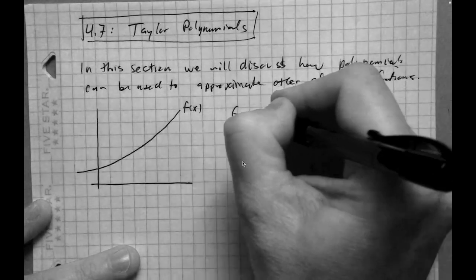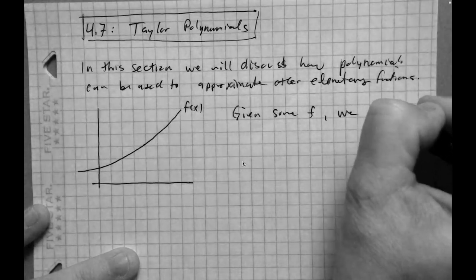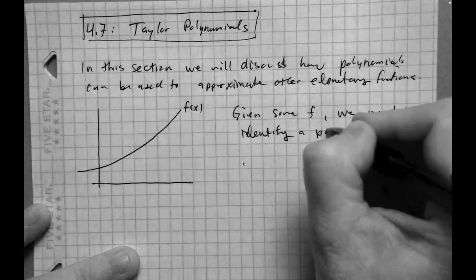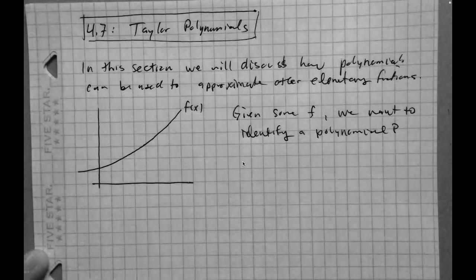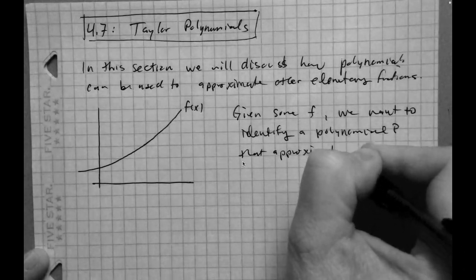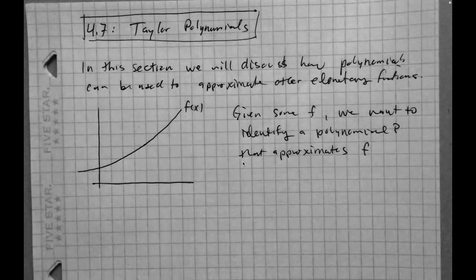Given some function f, we want to identify a polynomial p that approximates f. Now, we have to qualify that: we don't mean approximates f everywhere, but we want to approximate f in a specified region.